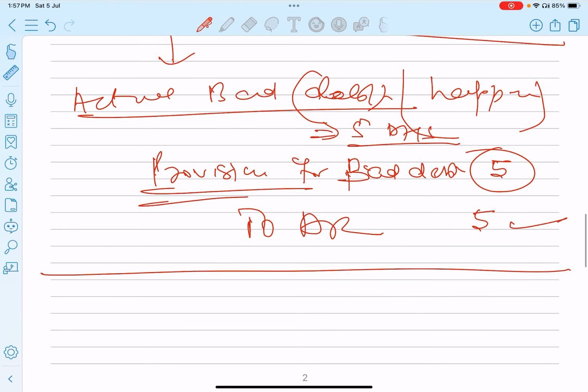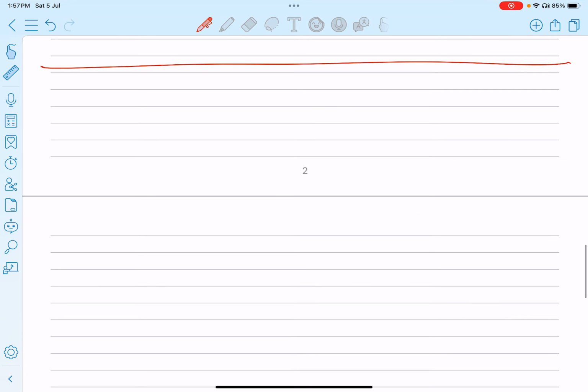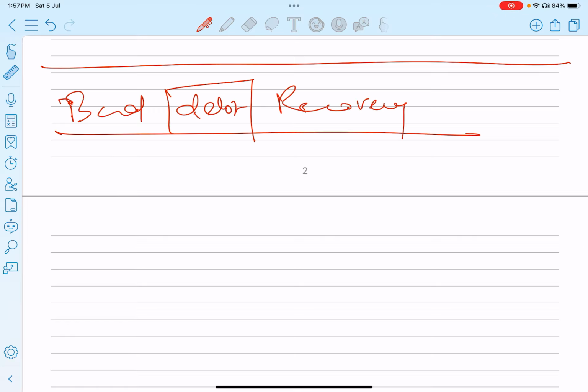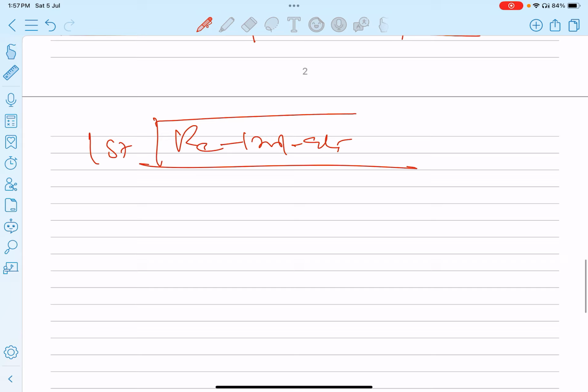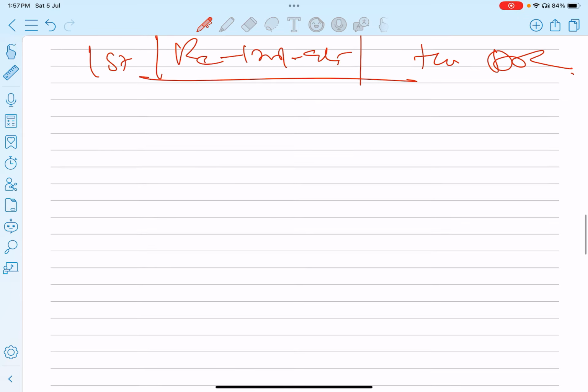Once you did the write-off, you receive the money as a bad debt recovery. In that case, first reinstate the AR.